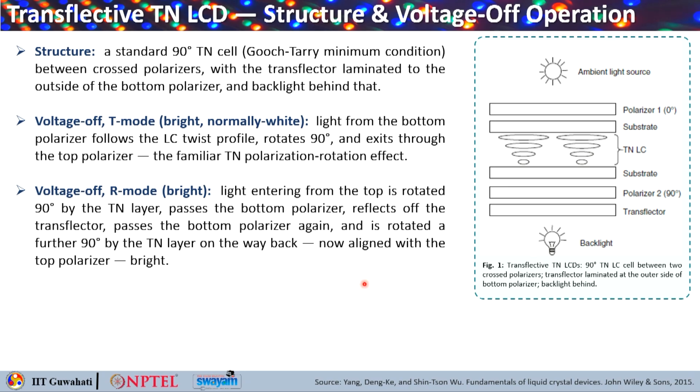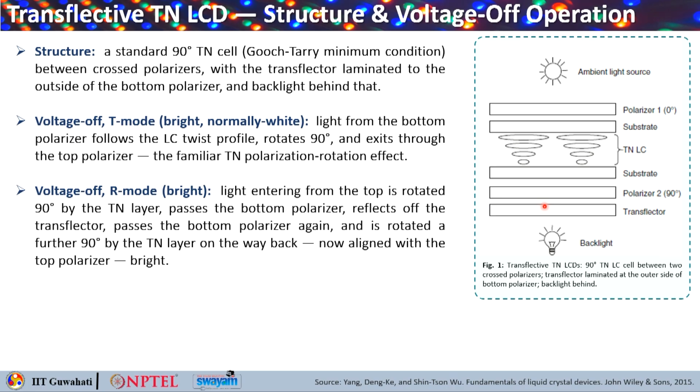Now something interesting happens in the voltage off state's reflective mode, that is also giving you bright, because when the light is entering from the top, it is basically getting rotated by 90 degrees by this twisted nematic layer. Then it passes through the bottom polarizer and gets reflected off this transreflector.